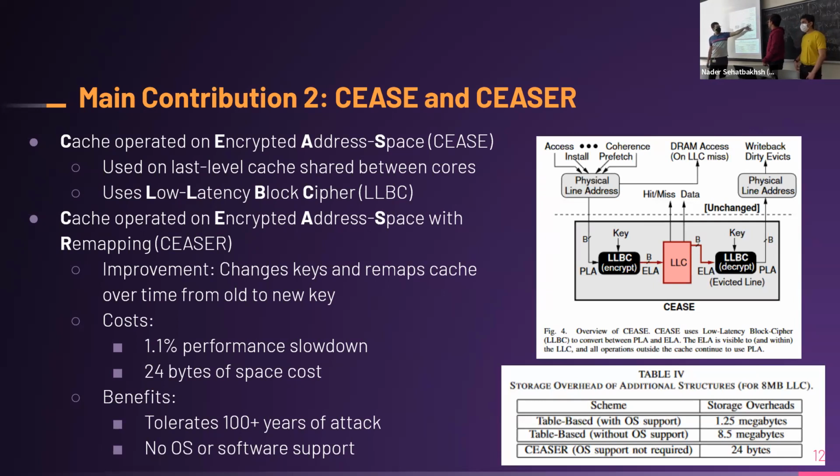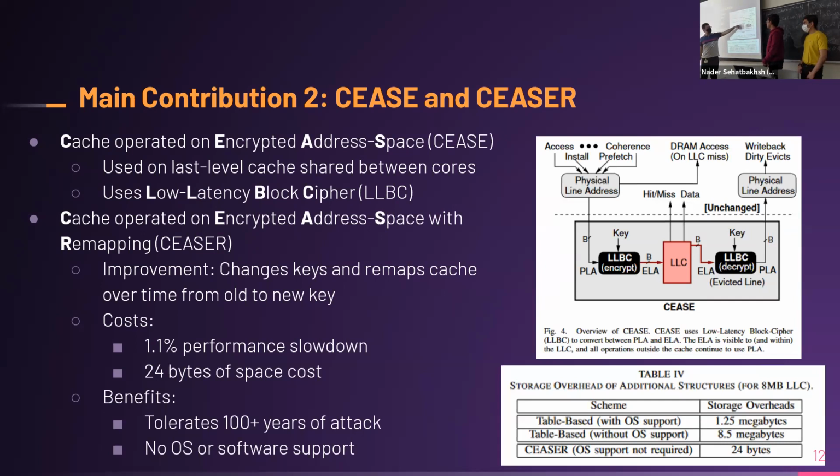But this is now in your critical path, because every time you need to bring something from your cache, you also need to decrypt that value. The rest of the paper was mainly showing that with only 2 cycles, this much overhead, 4 cycles, this much overhead, and so on and so forth.